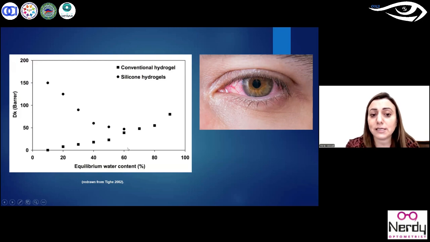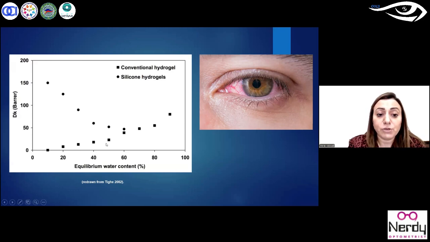Hydrogel contact lenses depend on water to provide oxygen to the cornea. So the more water you have in the lens, the more oxygen it supplies to the cornea. Unlike the silicone hydrogel lenses, which supply oxygen to the cornea without depending on the water that the lens contains.